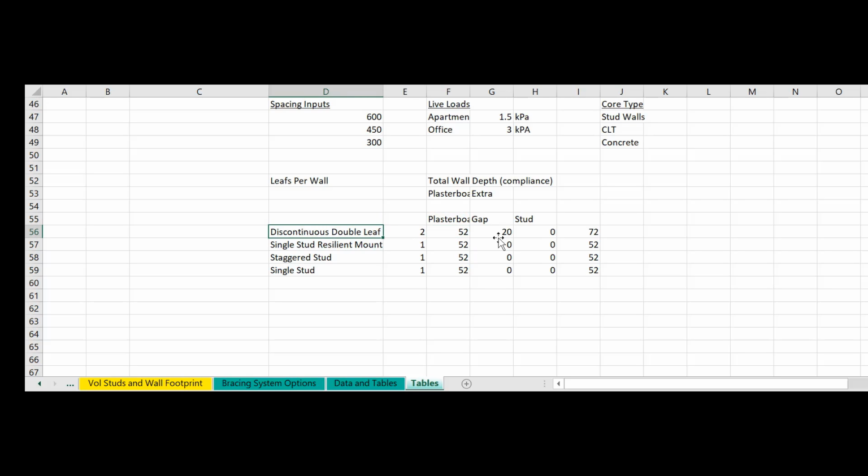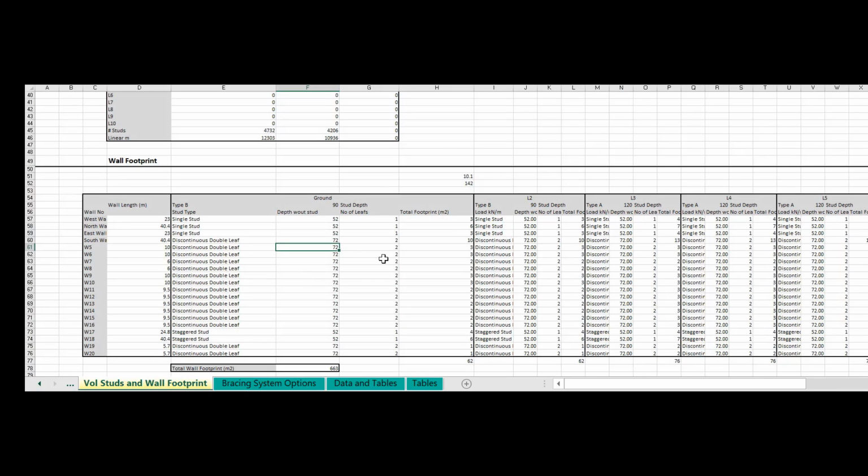So for discontinuous, you've got 4 layers of plasterboard plus a 20 millimeter gap, and I'll input the studs part later. So it's 72 build up without the studs for discontinuous, and 52 for the others. That's the assumption there. That's the depth without stud, and then it adds the stud depth multiplied by the number of leaves.